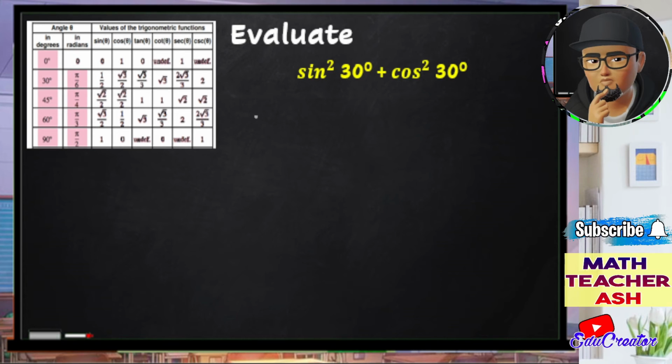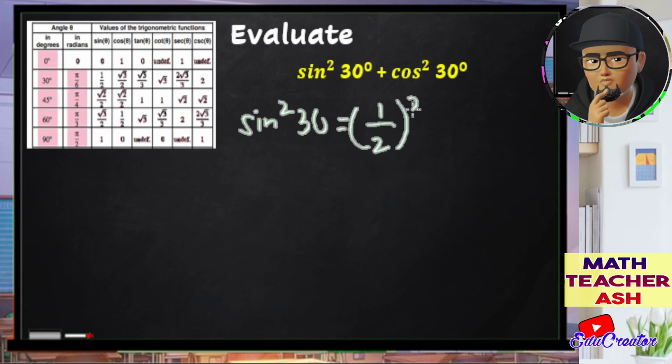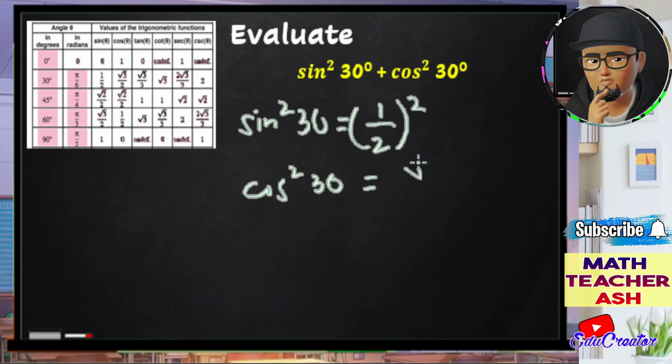So sine squared 30 means 1/2 squared. Okay, so the value of sine 30, then you square it. Then cosine 30 is square root of 3 over 2. So cosine squared 30 is equal to square root of 3 over 2, then you square it.